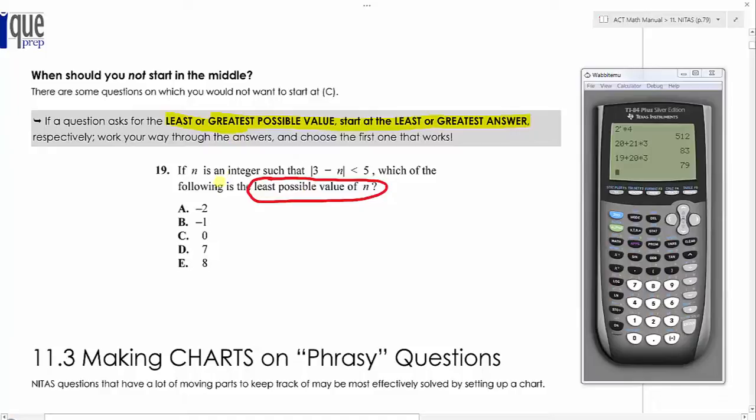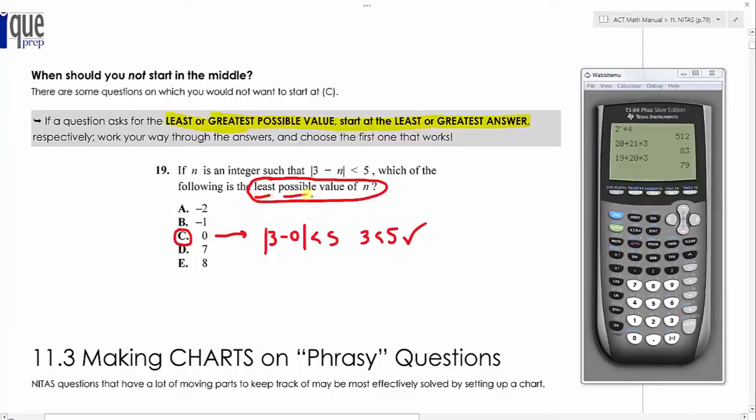A lot of students, if they've been told to start in the middle, will start in the middle. And if you start in the middle here, watch what happens. Answer choice C is absolute value of 3 minus 0 is less than 5. That is 3 is less than 5. Because that works, students are understandably going to think, great, I just did an answer choice and it worked, and therefore I can pick it and move on.